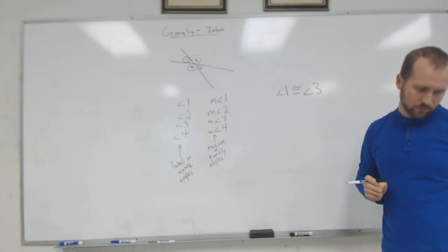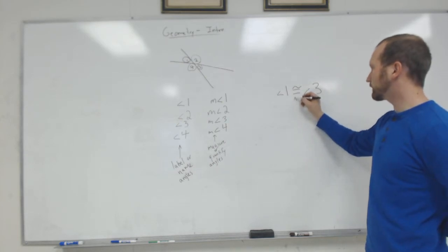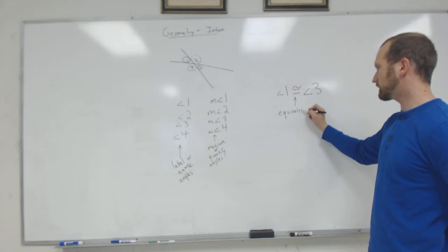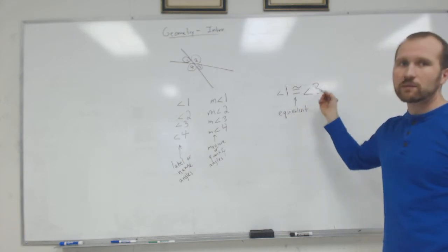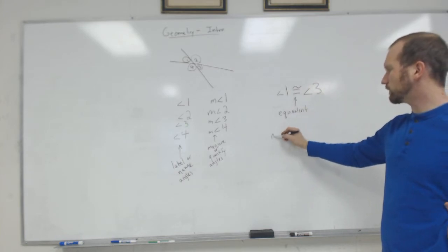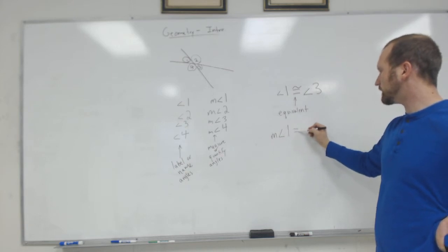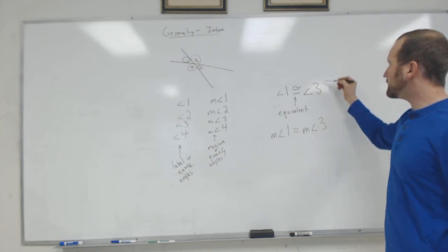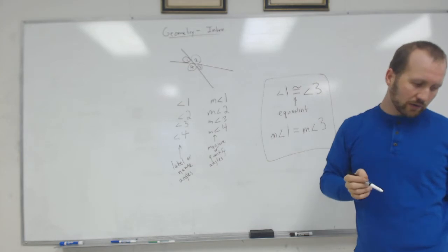Equivalency is used when we're actually just naming the angles. If I wanted to say that their measure is equal, I would say it like this: the measure of angle 1 is equal to the measure of angle 3. And these mean basically the same thing.